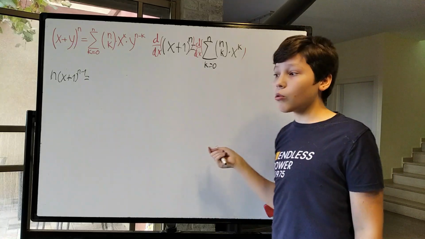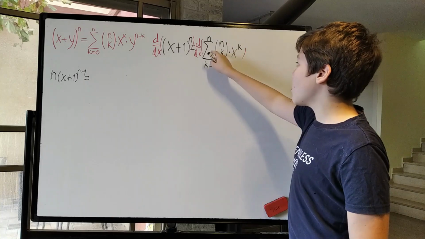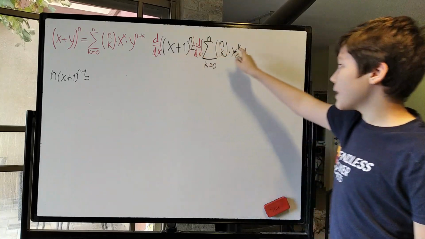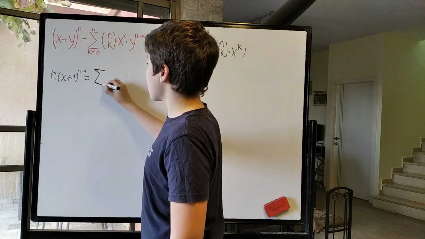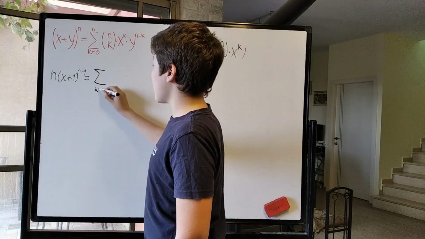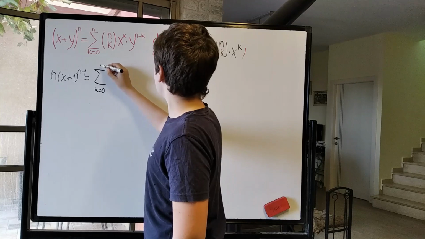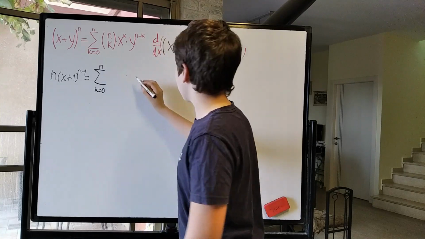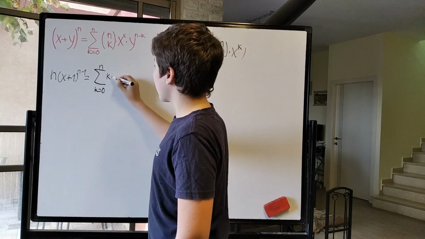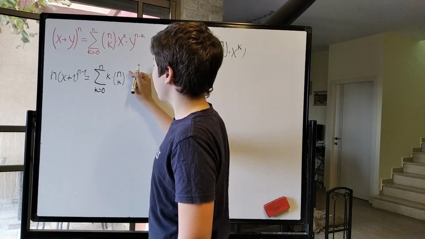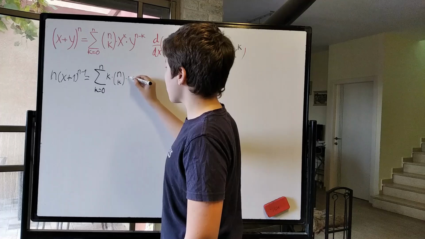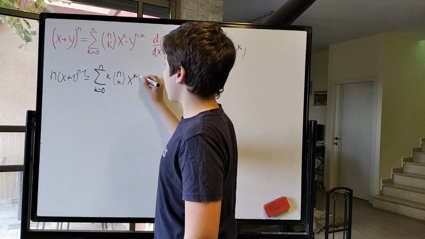And again, by the chain rule, the k will hop on over inside the sum, and the k will turn to k minus 1. So I'll have the sum as k goes from 0 to n of k times n choose k times x^(k-1).